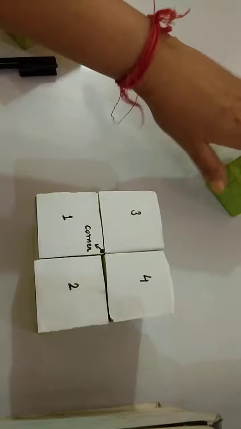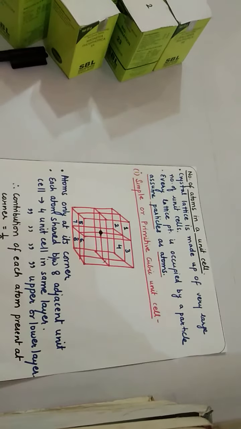So all these 8 are sharing a single corner, that is corner 1. On the basis of this only, I am going to explain the number of atoms present in 3 types of unit cells.